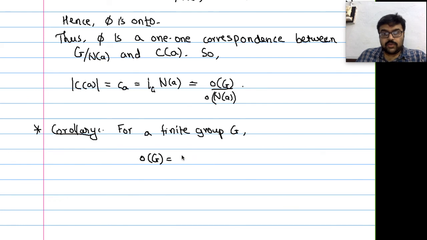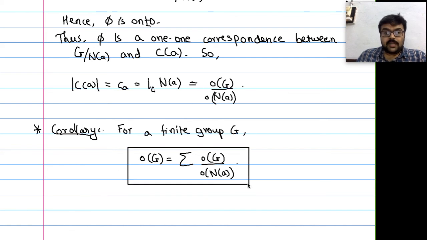Order of G equals summation Ca, but now the Ca I can replace by summation of order of G upon order of Na, and this is called the class equation of G. Right? This is called the class equation of G.